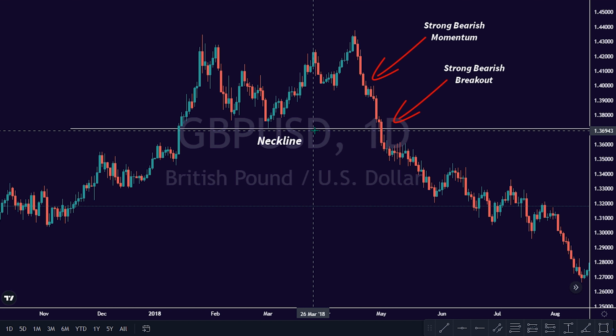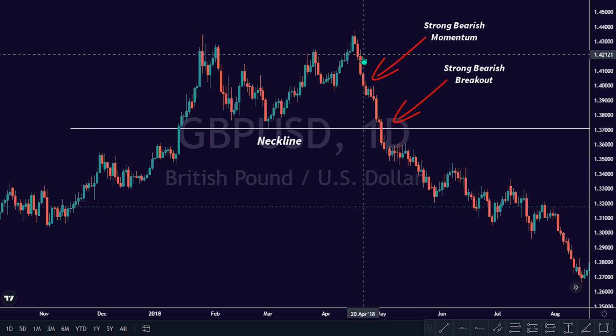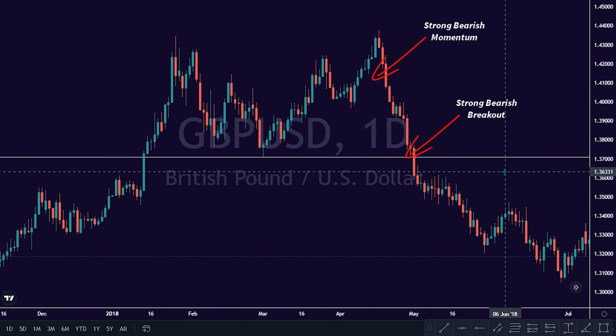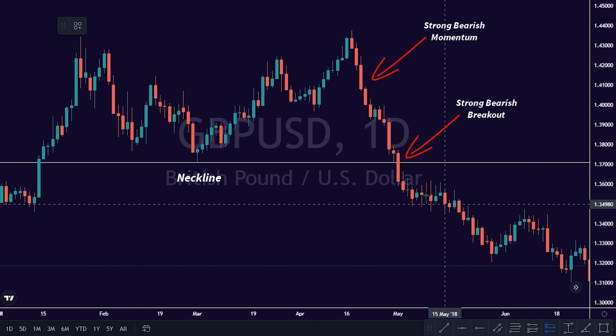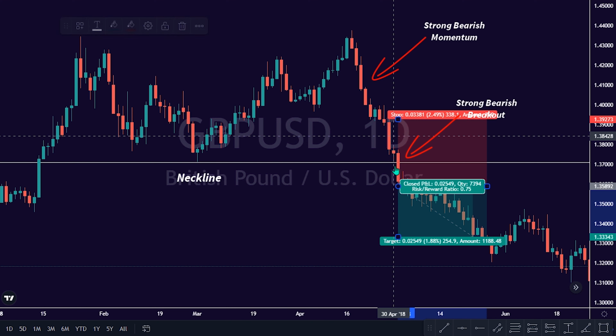There should be a strong bearish close of price below the neckline. Alternatively, there should be a strong bearish sell-off from the second top to the neckline. Once any of these two factors occur, it may deter the retest of the broken neckline. Traders can go short at the close of the bearish candlestick below the neckline.